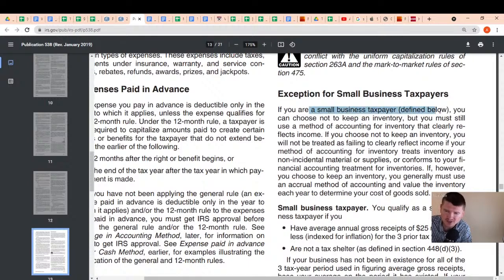If you are a small business taxpayer, you can choose not to keep an inventory, but you must still use a method for accounting for inventory that clearly reflects income. If you choose not to keep an inventory, you will not be treated as failing to clearly reflect income if your method of accounting for inventory treats inventory as non-incidental materials and supplies or conforms to your financial accounting treatment of your inventories.